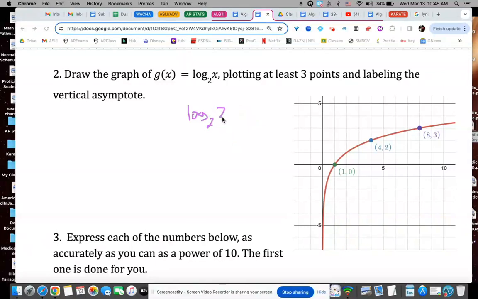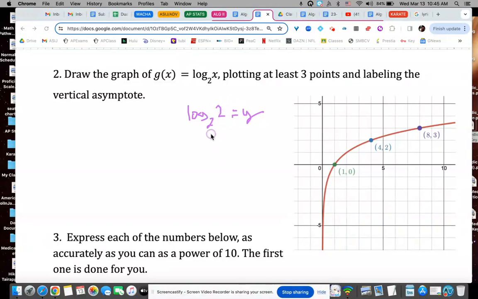If I put 2 into my equation, now remember this is where the x is, and the y value is the power. So all these y values are the actual power on the base. So 2 to what power, the y value, equals the x value.